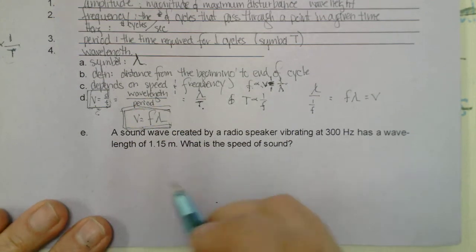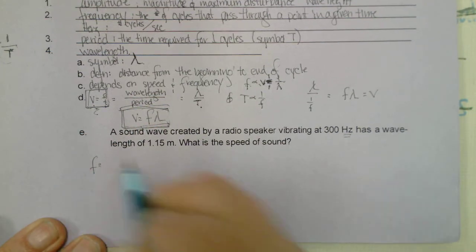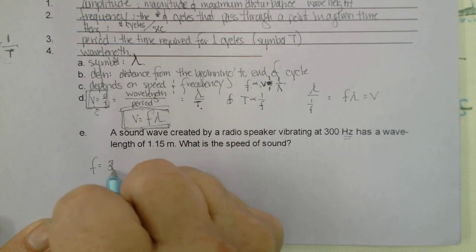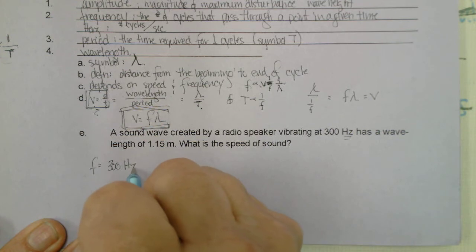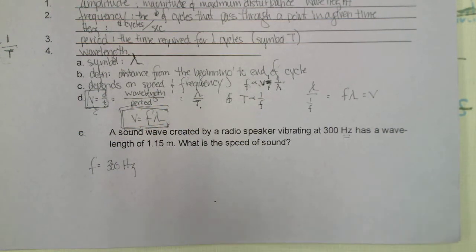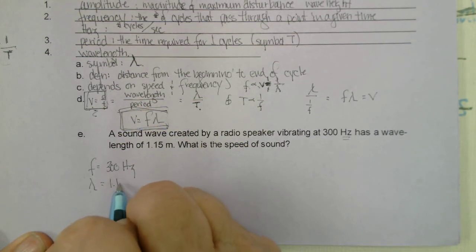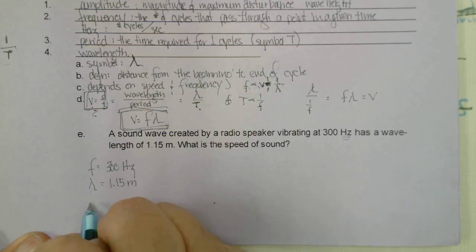So I'm just going to write down my knowns and my unknowns. Hertz, I told you, is a unit of frequency. So f is equal to 300 hertz. And my wavelength, the distance from peak to peak, or the beginning of the cycle to the end of the cycle, lambda, is equal to 1.15 meters. And I'm looking for V. V is equal to, I don't know.